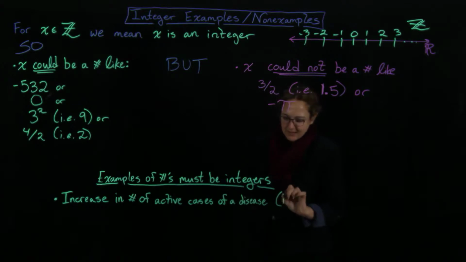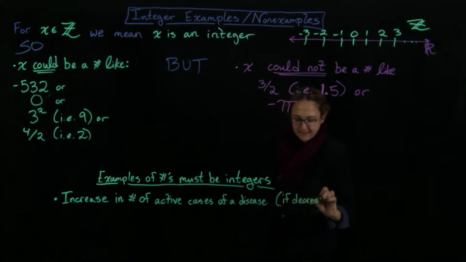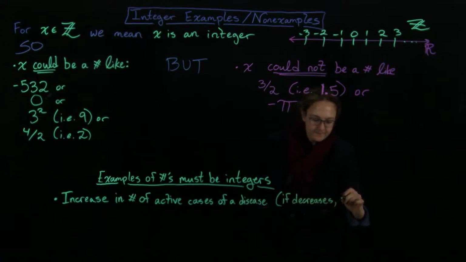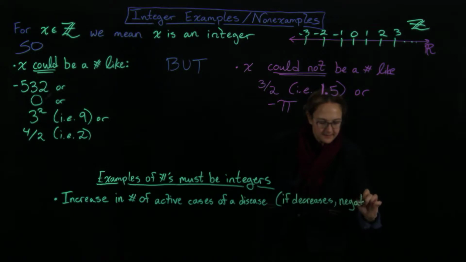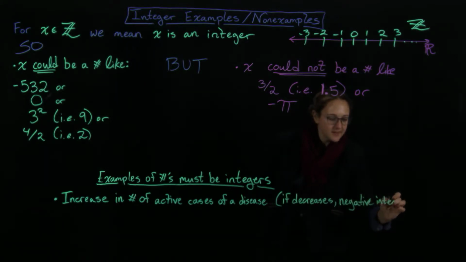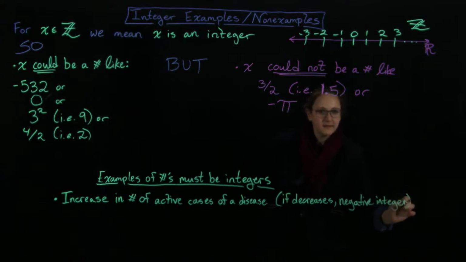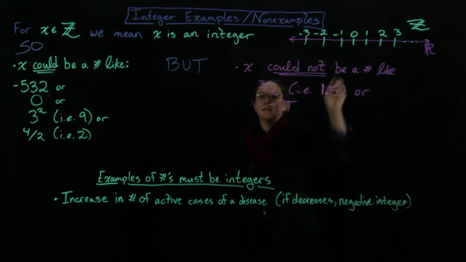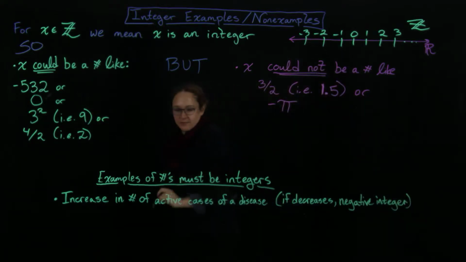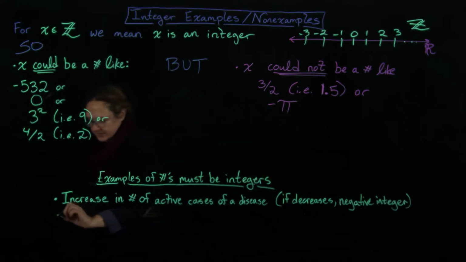So if it decreases, then we get a negative integer. Which is okay. We're allowed to have negative integers. They show up on the left-hand side of our number line. We're allowed to have negative integers.